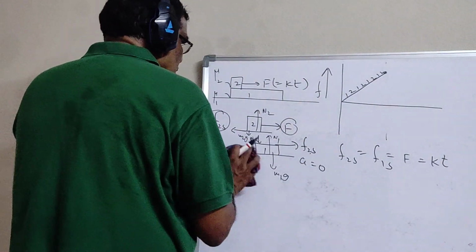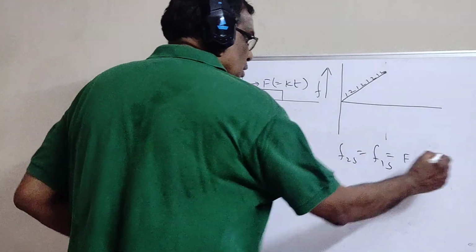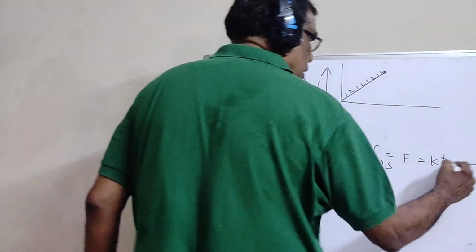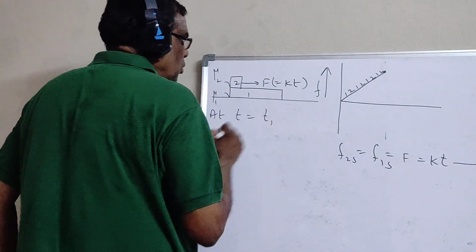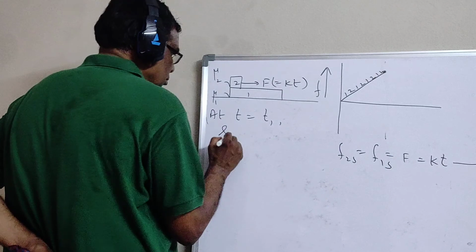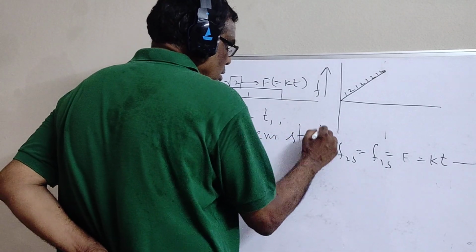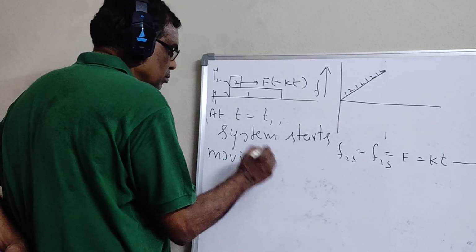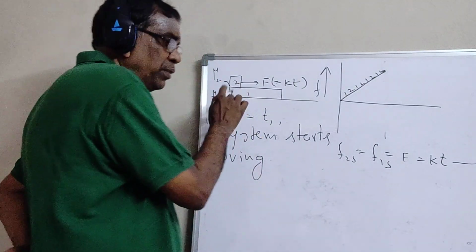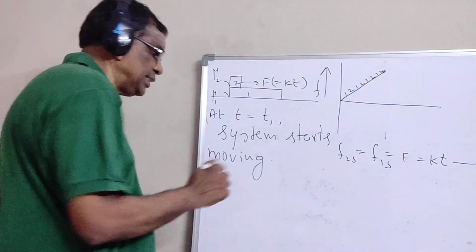So, next case, what do I do? This is the first case. T is equal to T1. The system starts moving. No slipping, so both will move as a single entity.